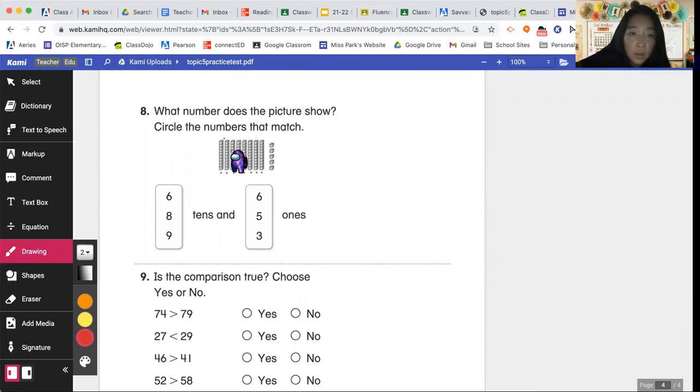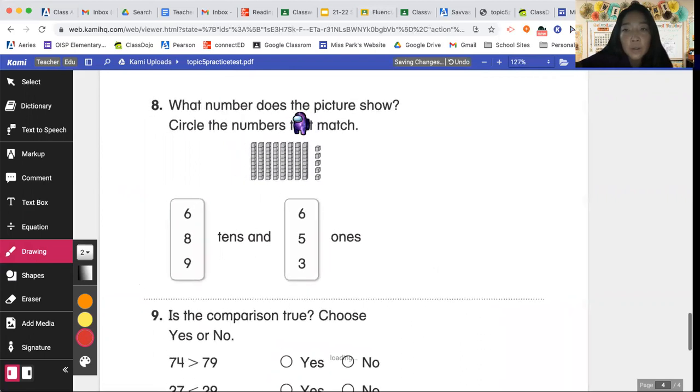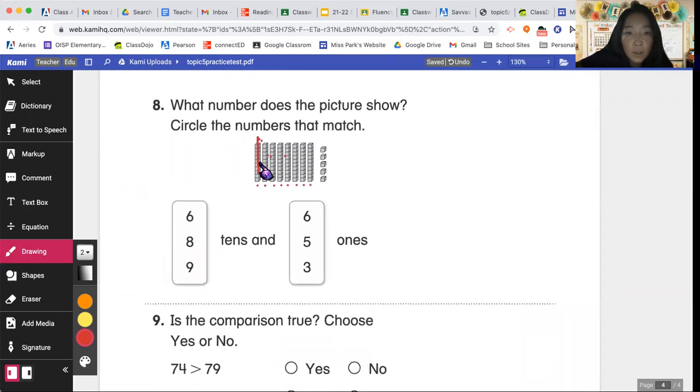Let me zoom in so you guys could see better. 1, 2, 3, 4, 5, 6, 7, 8. So we have 8 tens, and then let's count our ones. 1, 2, 3, 4, 5, and we have 5 ones. So our answer is 8 tens and 5 ones.